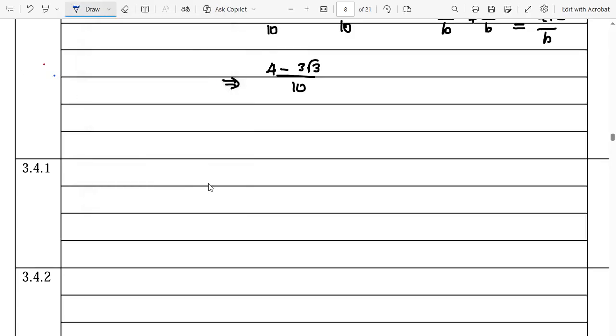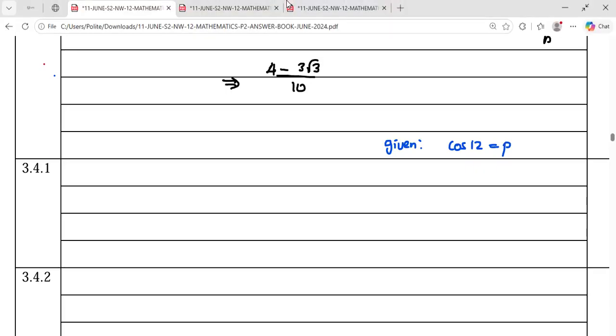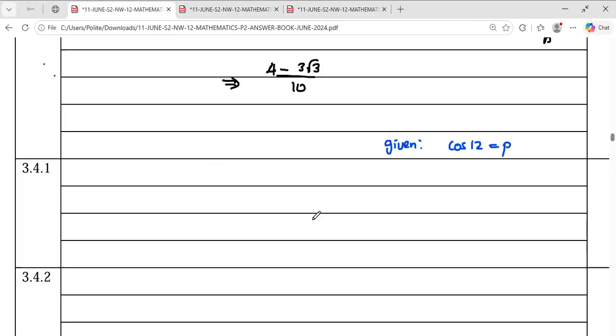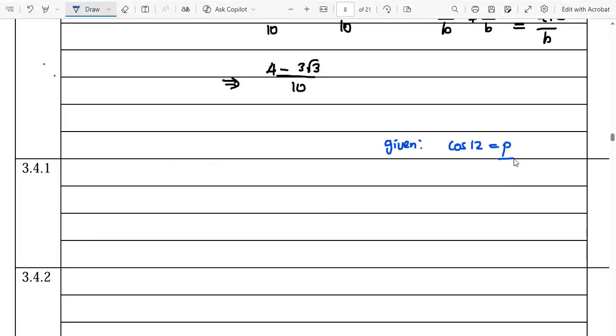And this is how you draw the diagram. You are given the cos 12 to be equal to P. So I'm going to let that P be over 1, so this will be P over 1, right?